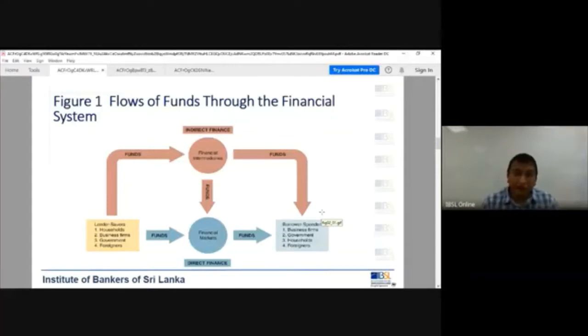The savers and the borrowers become parties to the financial intermediary's transactions in the financial markets. So direct finance and indirect finance are very important aspects of financial structure everywhere in the world. In some countries, direct finance has a bigger share in the market. In some countries, indirect finance has a bigger share. But generally, indirect finance remains a big share in all the markets.